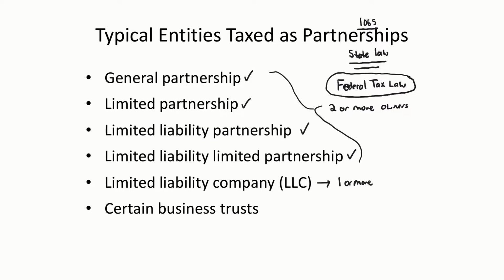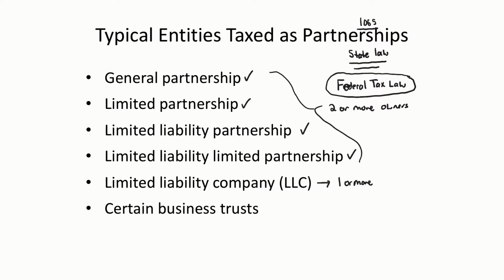Now, you all know that in a general partnership, all partners are general partners, which means that all partners have unlimited liability, which means that creditors can go after the personal assets. A limited partnership, you need at least 1 general partner and 1 limited partner. You can have as many of those as you want, but you need at least 1 of each.